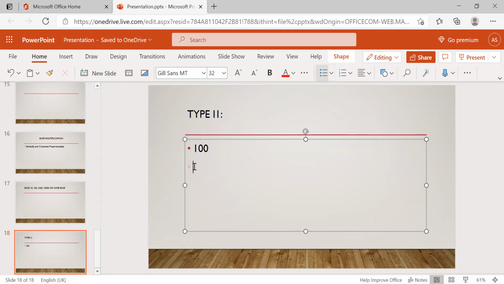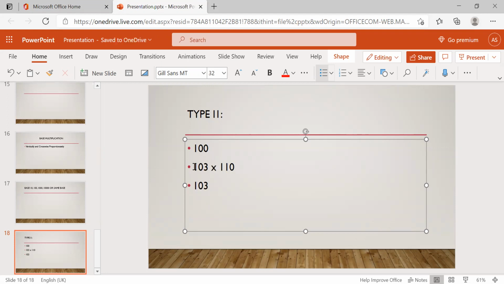Just now in type 1, the 90s or 80s, whatever we saw, both numbers are less than the base value. Okay, now we are going to see both numbers more than the base value. It's 103 into 110. Okay, 110. Now how are we going to consider? Same process here also, but you need to remember the sign is very important.